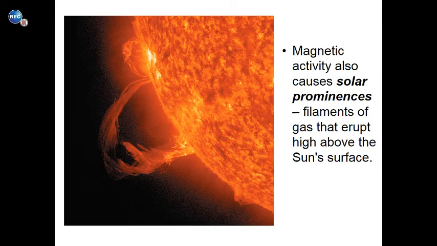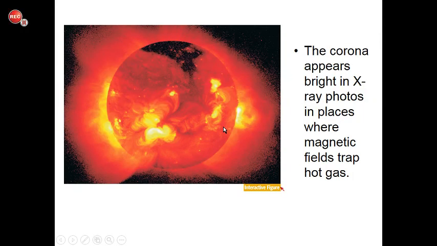And you'll see even larger loops, what are called prominences, that do effectively the same thing. Right? And you'll see places where there's bright areas here in X-rays, places where magnetic fields have trapped a lot of hot gas.